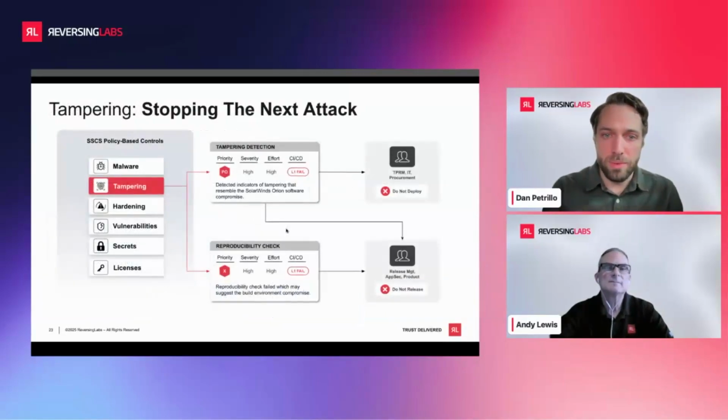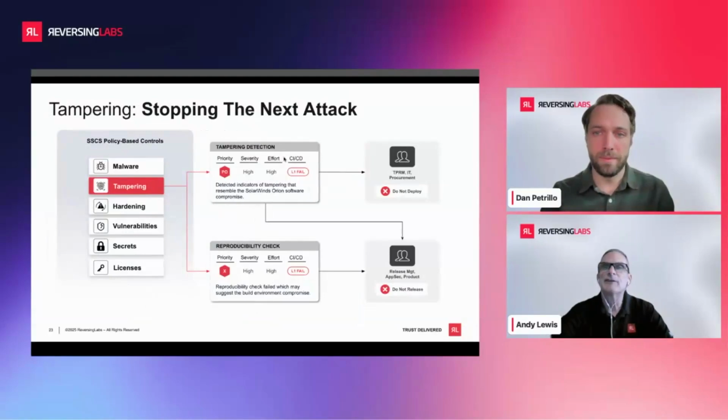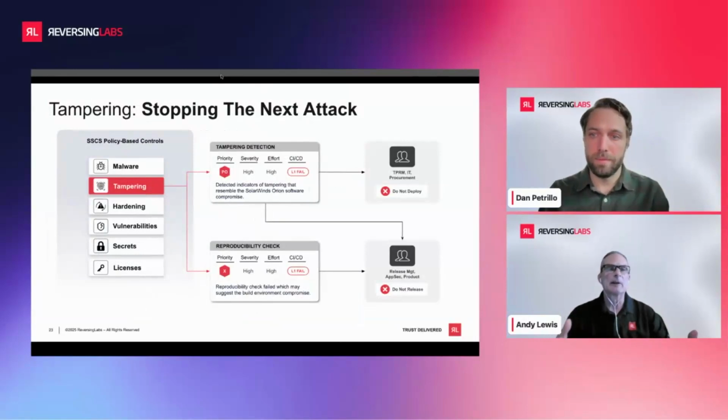So go ahead and walk us through stopping the next attack via tampering detection, if you would, Andy. Sure. So Pippin, for your question, how would we have helped stop that attack? Again, it's the behavior that the backdoored version brought in, which was living off the land.